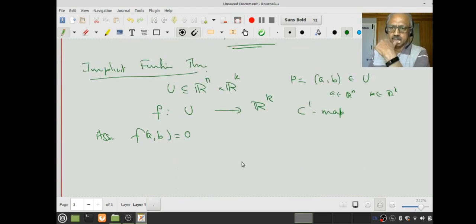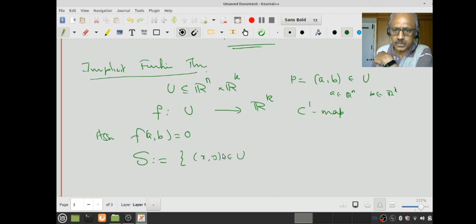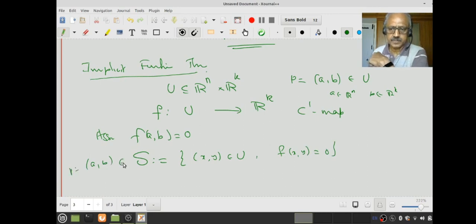Do you follow that? Therefore, I can form the set S as I did earlier: the set of all (x, y) in U, where x is in R^n and y is in R^k, so that f(x, y) is 0. Notice that the point P belongs to S.